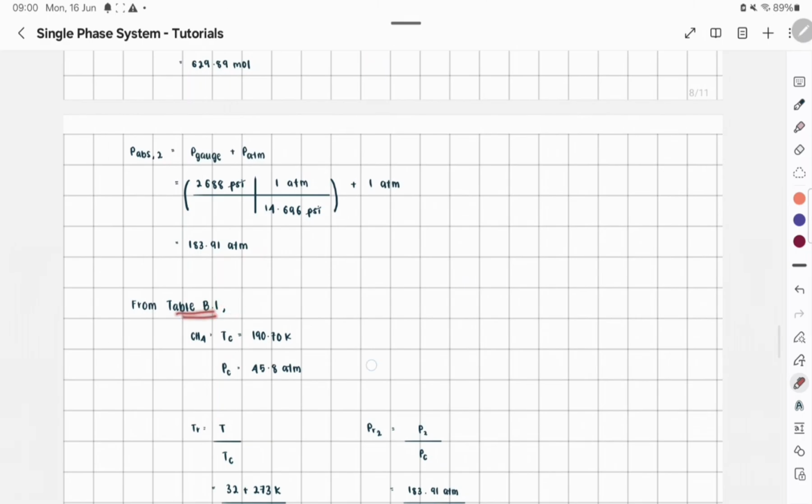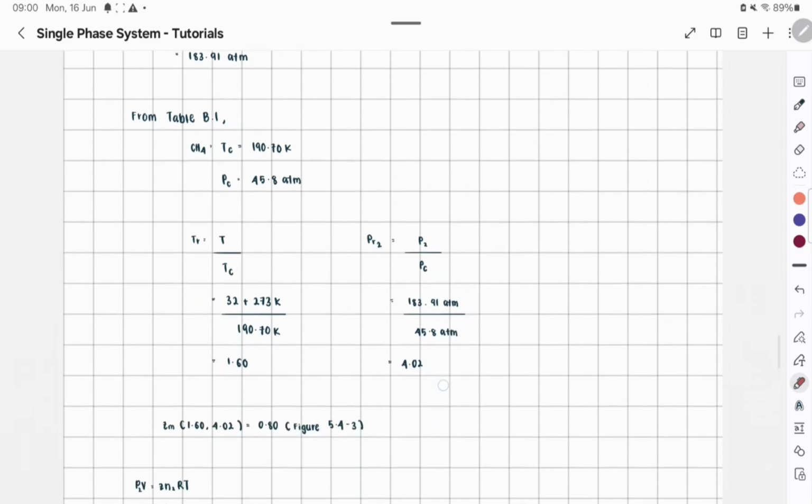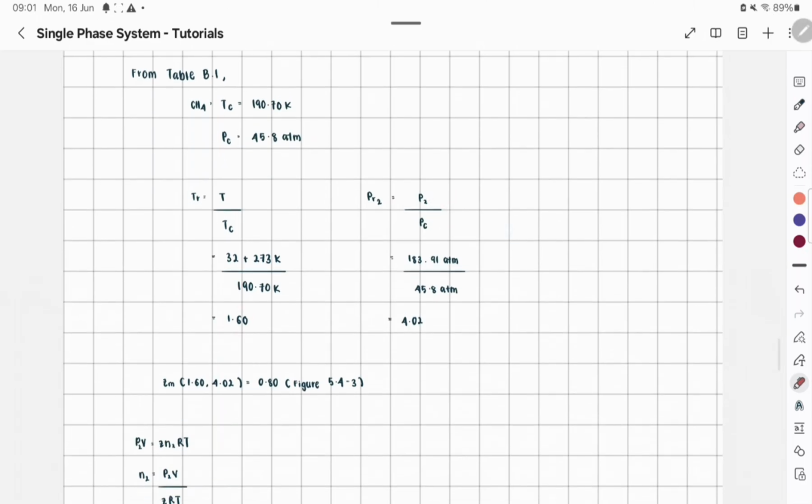Then we refer to table B1. For CH4 the TC is 190.7 Kelvin, and the PC is 45.8 atm. To find TR, we need to calculate T over TC, which is 32 plus 273 Kelvin over 190.70 Kelvin. Then we will get 1.6. For the PR2, we need to calculate P2 over PC, which is 183.91 atm over 45.8 atm. Then we will get 4.02.